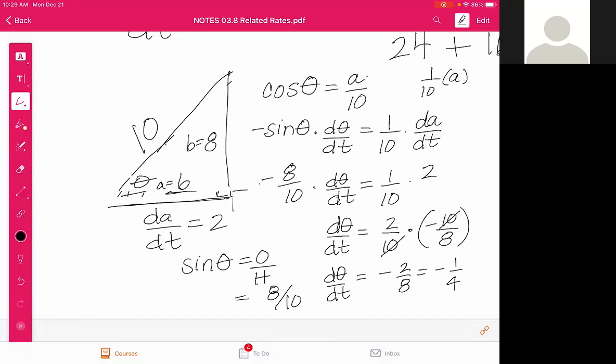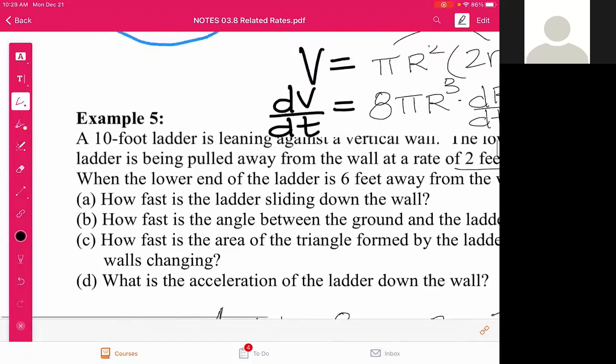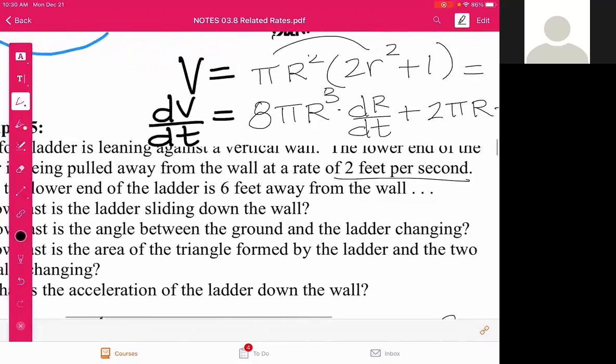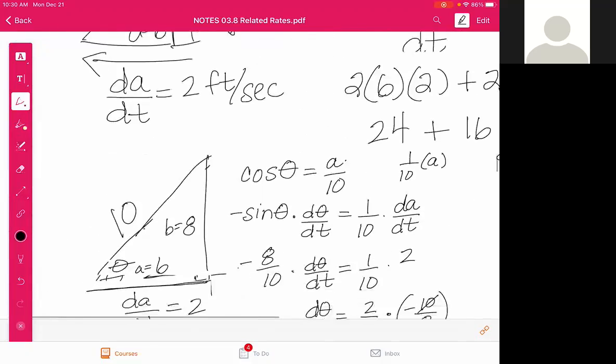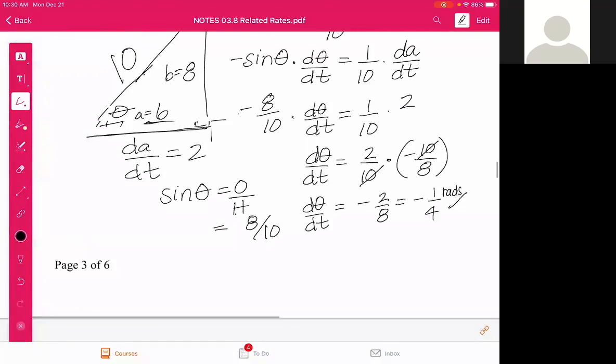Whenever we talk about angles, we are in radians, okay? Not degrees. So this will be in negative 1/4 radians per, what were we talking, seconds or minutes? Seconds. So negative 1/4 radians per second.